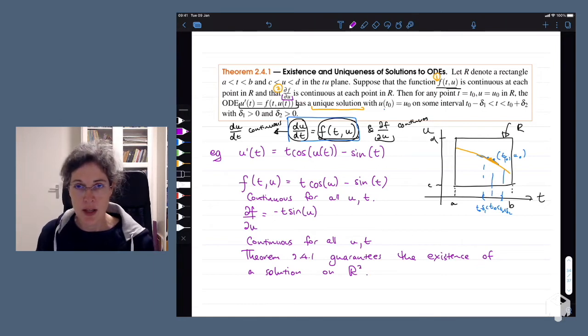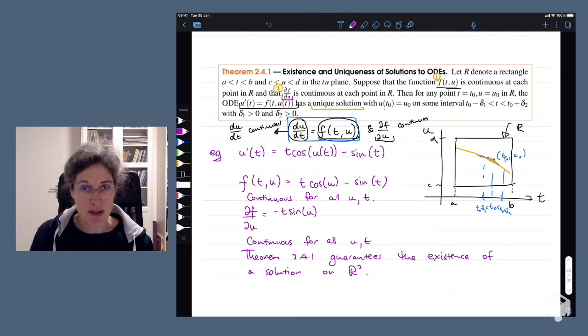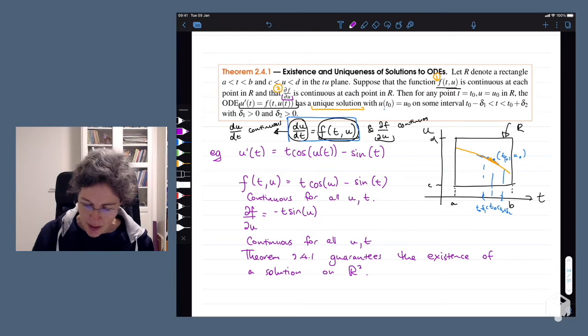It might be that you need to find it numerically. As I said, you might not be able to find it analytically, but there is a solution.